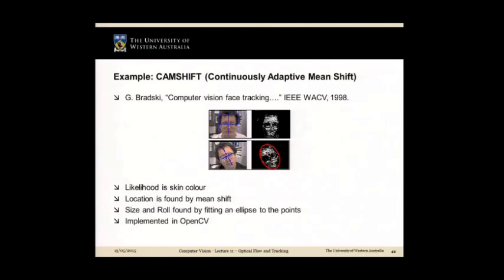They take skin color as a likelihood, and they find the location of the face by mean shift. Again, brightness will stay the same in the face region because of the skin color. They find the mean, and then they track the face. The size and roll are found by fitting an ellipse to the points, so instead of a rectangular or square window, they're using an ellipse.